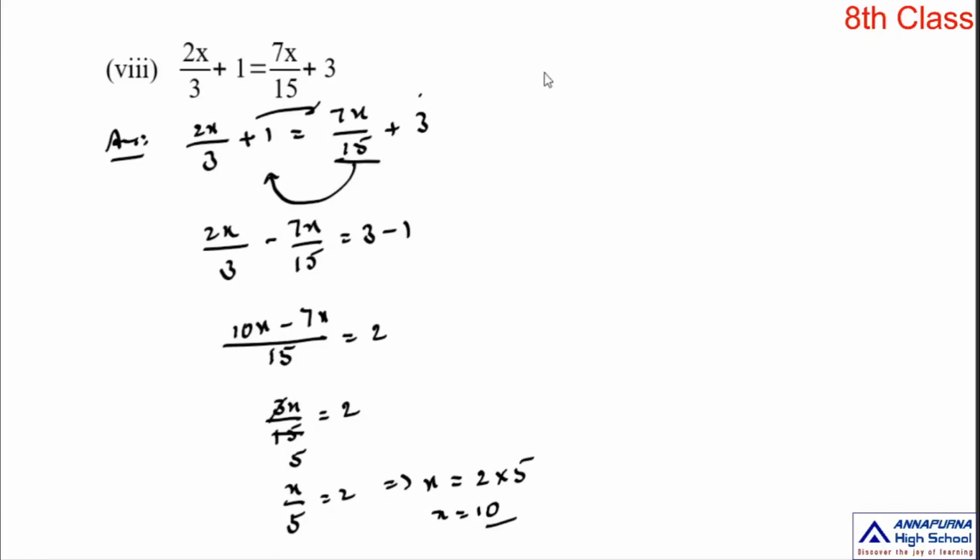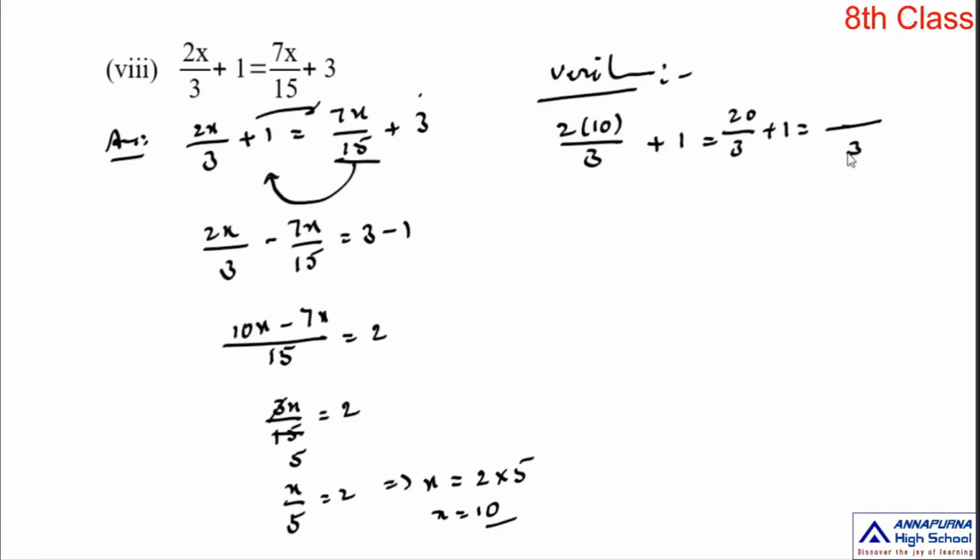And let's do verification. Substitute this x value in the left side, 2x by 3 plus 1. That means 2 into 10 by 3 plus 1. It is equal to 20 by 3 plus 1. Okay, here the LCM is 3 and the numerator is 20 plus 3.